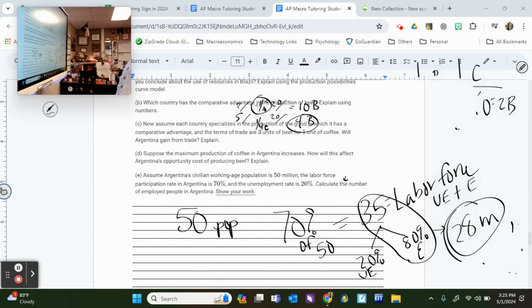But let's talk about currency. So we're switching gears, still talking about trade and all that, but now we're talking about currency. Let's warm up our currency brain, not with the FRQ that's on the front.